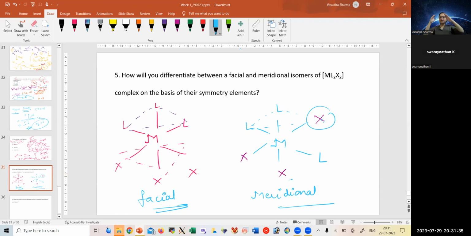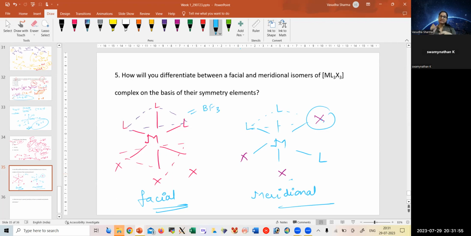But if I am having one triangle, one ligand, two ligands, this one triangle, we can consider it as a BF3 molecule. Boron is your metal. The other one is also BF3, but the boron is at the center. Right now, in a planar picture, you might not be able to visualize.